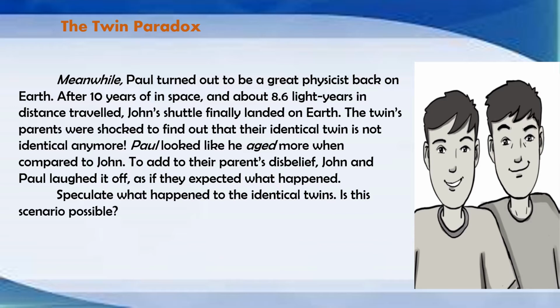Paul looked like he had aged more when compared to John. To add to their parents' disbelief, John and Paul laughed it off, as if they knew what happened. Speculate what happened to the identical twins. Is this scenario possible?